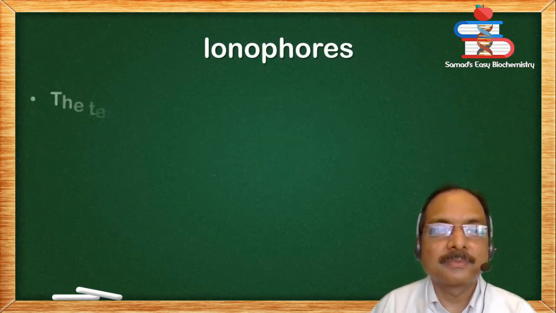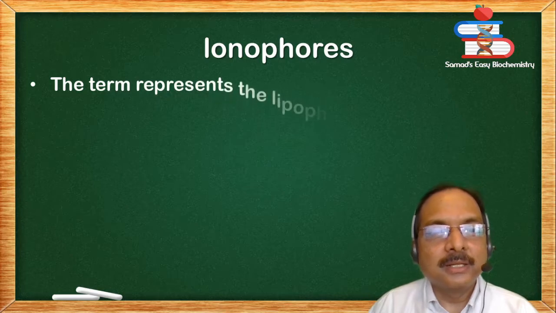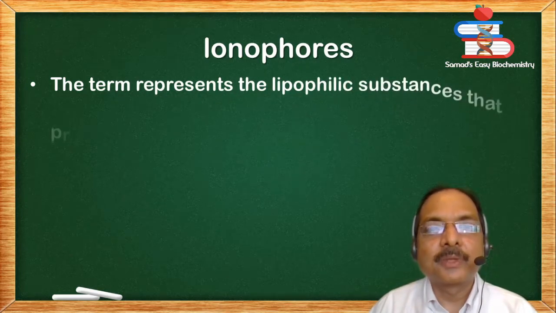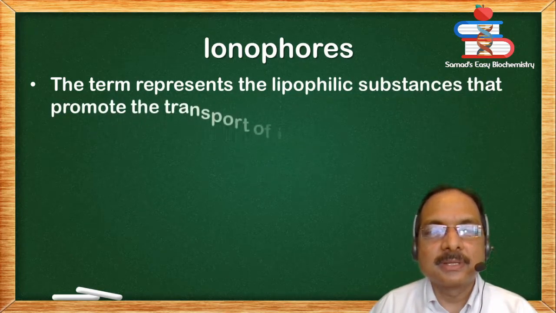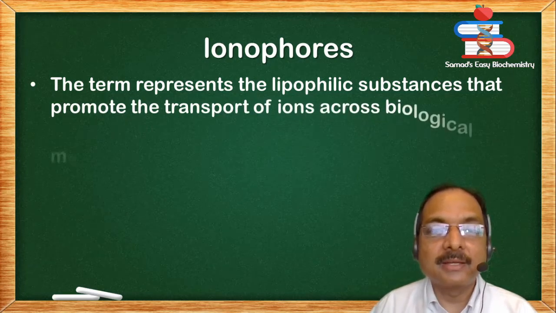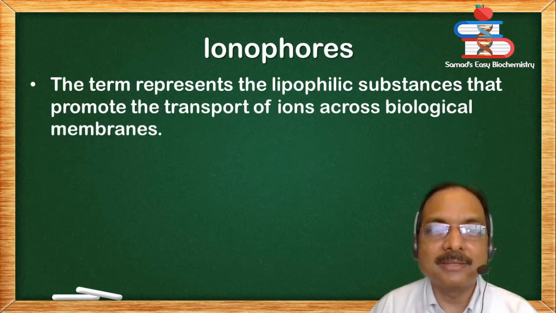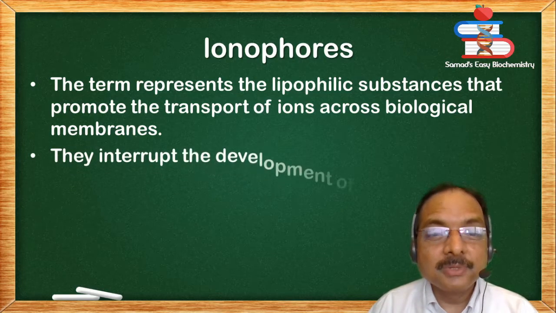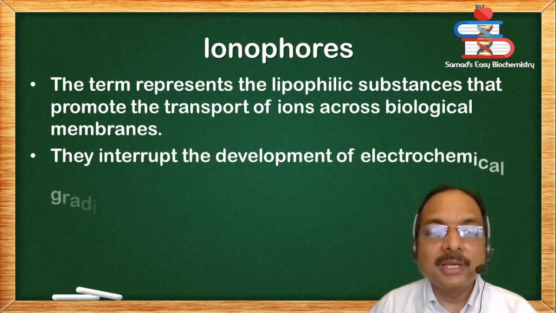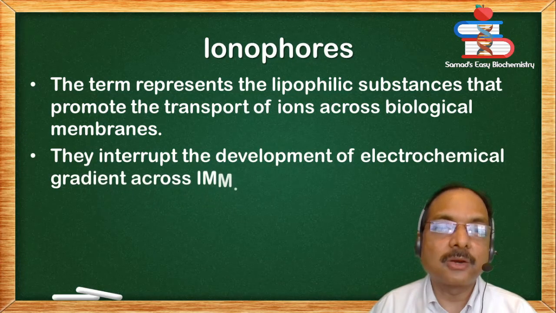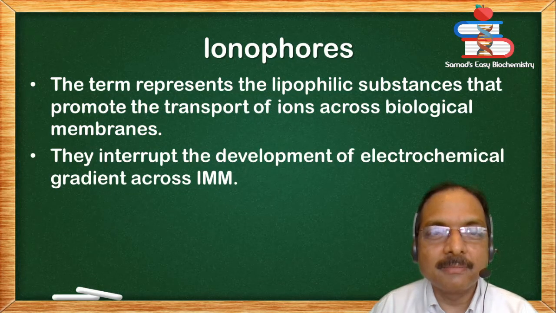Ionophores. The term ionophore represents the lipophilic substances that promote the transport of ions across biological membranes. They interrupt the development of the electrochemical gradient across the inner mitochondrial membrane.